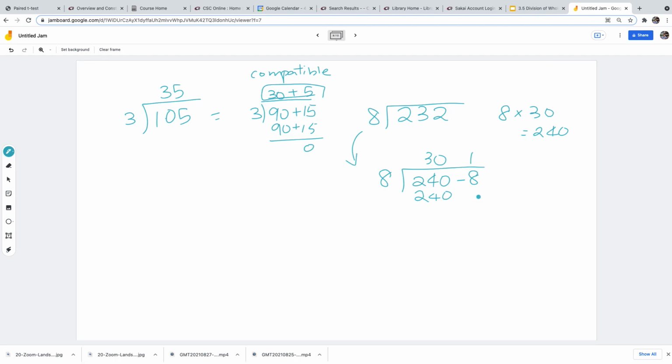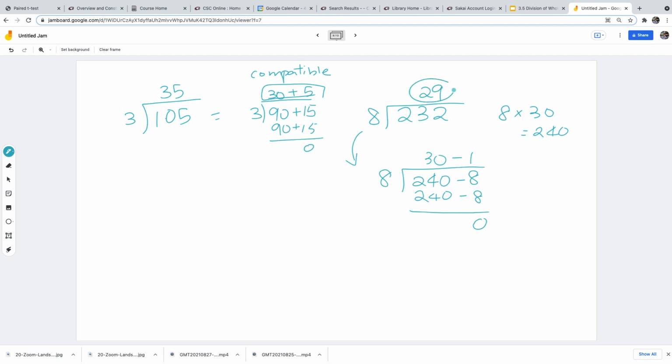But what operation do we do? Subtraction. So it's exactly the same thing. If you subtract those things, it's 0. You are taking away exactly the same amount, 240 minus 8, from 240 minus 8. So the remainder is 0. What's your quotient? Your quotient is 30 minus 1, which is 29.